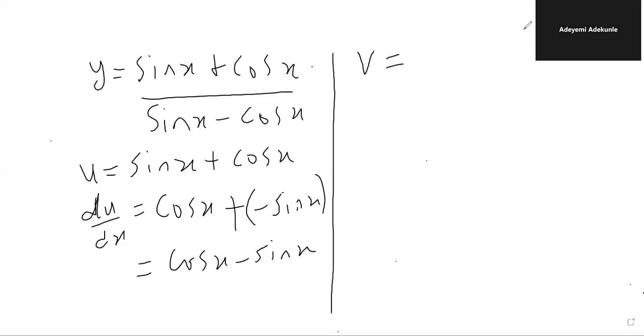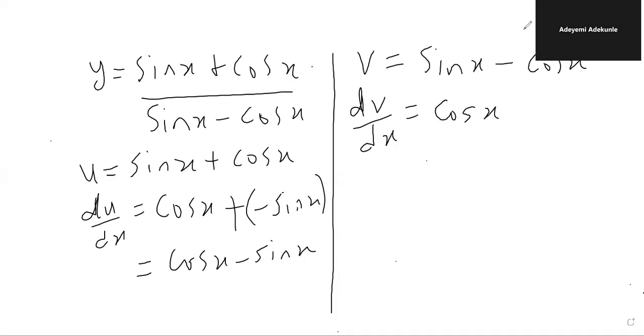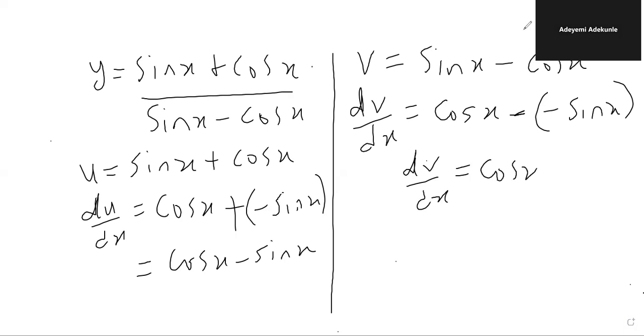Our v is the denominator, which is sine x minus cos x. Then dv over dx will be: sine x differentiates to cos x, minus the derivative of cos x, which is minus sine x. So our dv dx can be written as cos x plus sine x.